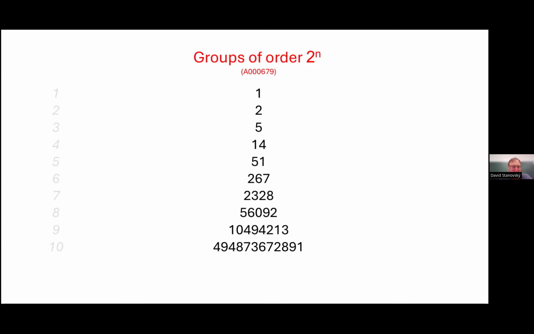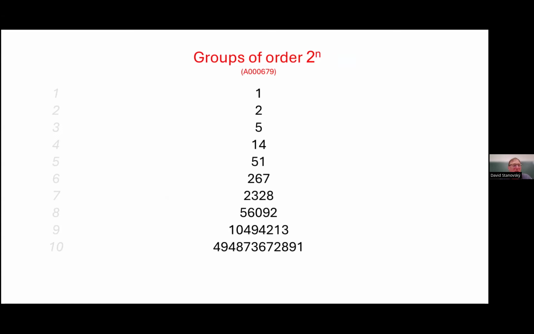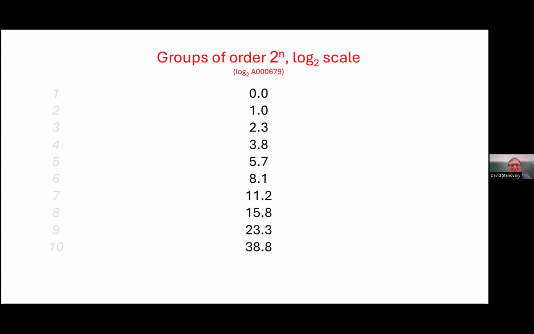It doesn't seem to grow as fast as the number of quasi-groups, but grows relatively fast. But it's actually somewhat misleading, because I have essentially a logarithmic scale in the sequence. So let's normalize.